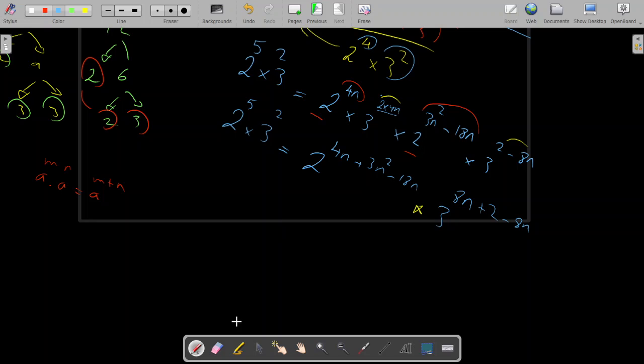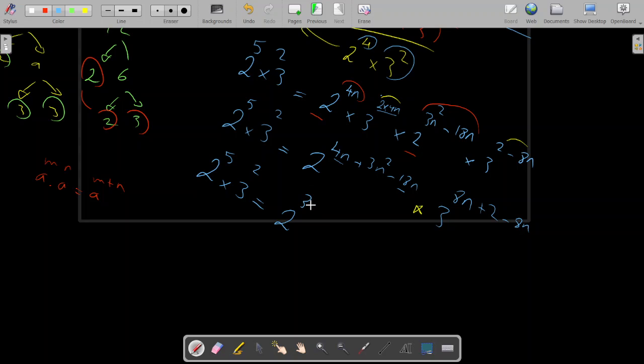Now we're going to try to simplify it another step, so everything is becoming clear to you. 2 to the power of 5 multiplied by 3 to the power of 2 is going to be equal to what? Now we're going to simplify. We have 4n here, we have minus 18n here, so it's going to be 2 to the power of what?